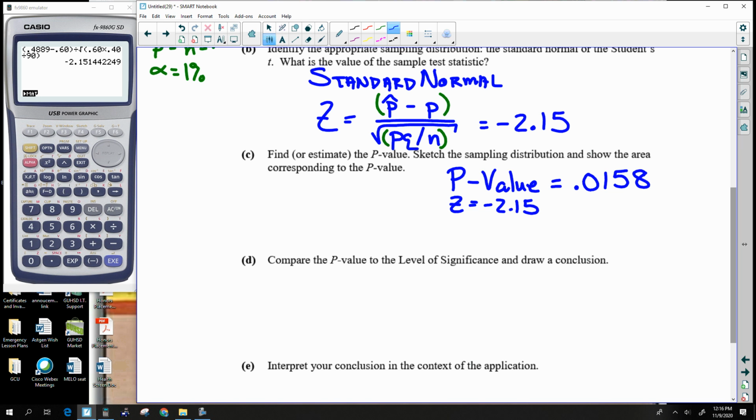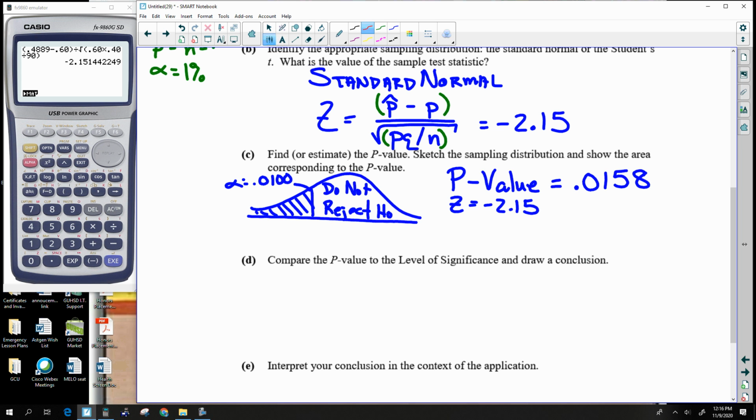Okay, let's put that on the picture. So this is a left tail, then alpha being 1%. And we see that our p-value is 0.0158, so that's bigger.